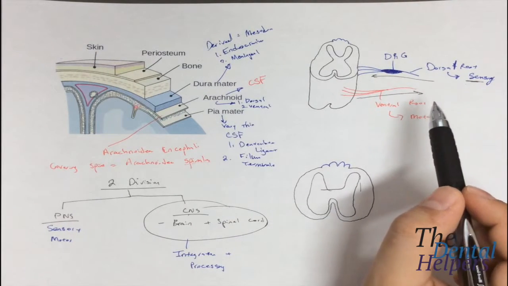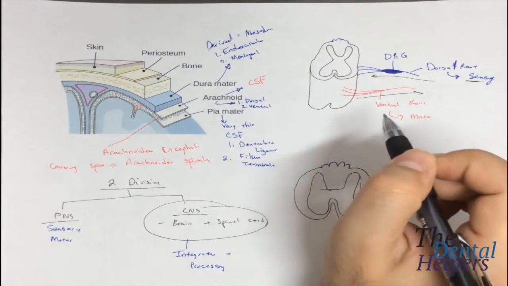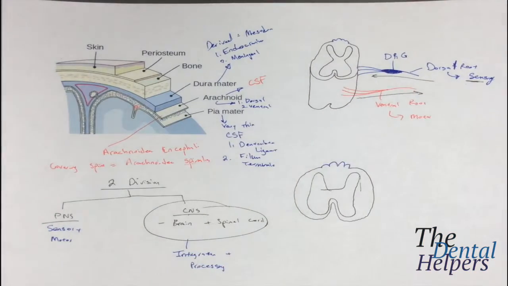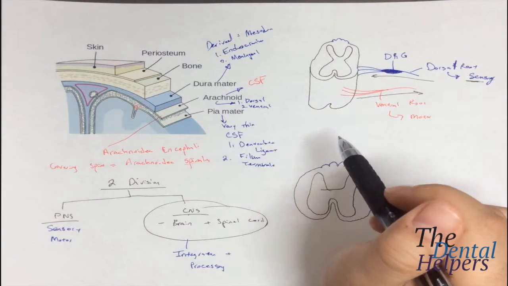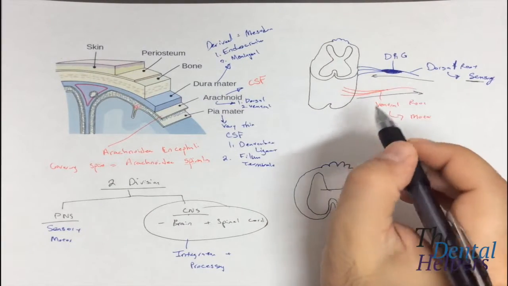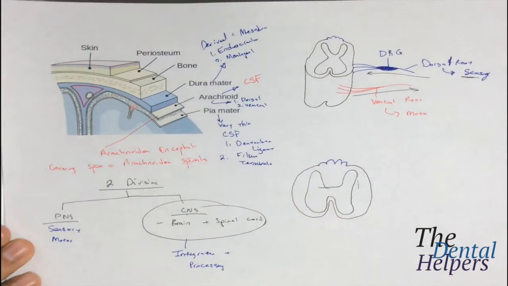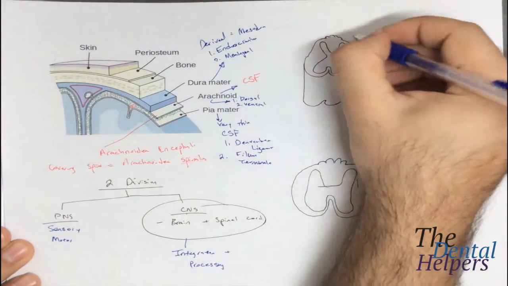The other thing is we have dorsal horns. As you might guess, the dorsal horn is going to take in the sensory info from the dorsal roots, and the dorsal horn is this part right here.